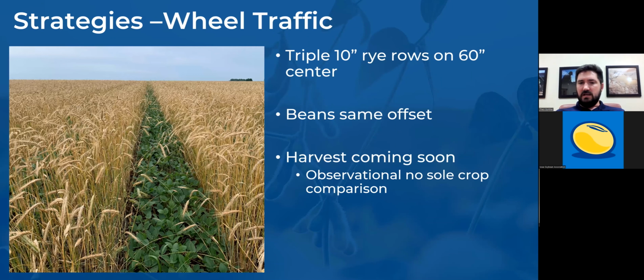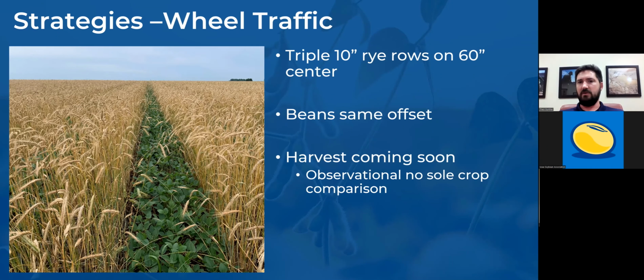One such is, I talk about wheel traffic. This is one cooperator. He's not doing a trial this year, but he's looking at trying to minimize wheel traffic by using sort of a thicker band through the field, triple 10-inch rye rows on 60-inch centers, and then planting the beans in that same space between there, so that the combine can go through there without running over a whole row of soybeans.